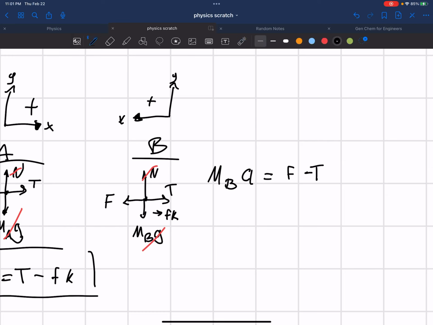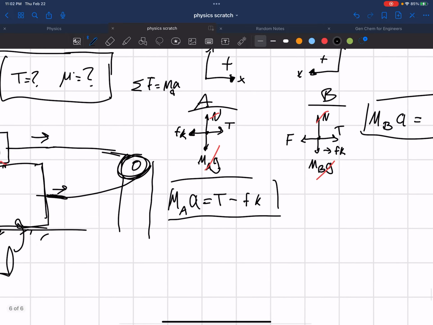Negative. But guess what else is going in the negative direction? It's the friction, because it's going the opposite of where you want it to go. Friction never works in your favor, remember? So we're going to do that also, minus FK. That's our little equation. So now let's do the plug.